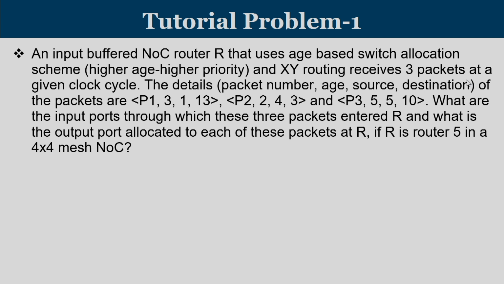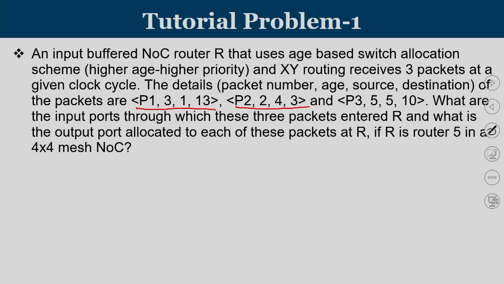An input buffered NOC router R that uses aged base switch allocation scheme and XY routing receives 3 packets at a given clock cycle. The details are given here. There are 3 packets: packet P1 has an age of 3 and is going from router number 1 to router number 13.